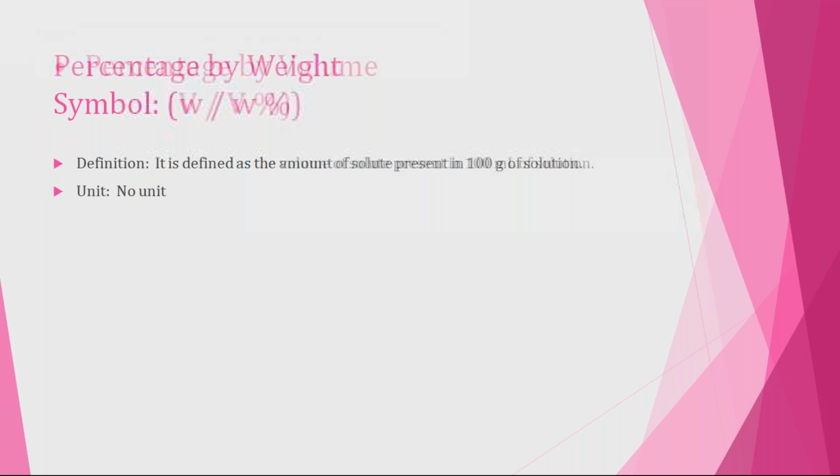Next is percent by volume. So the symbol of percent by volume is V by V percent. Definition: it is defined as the volume of solute present in 100 ml of solution. So this will be calculated for 100 ml. The 100 ml is standard here.